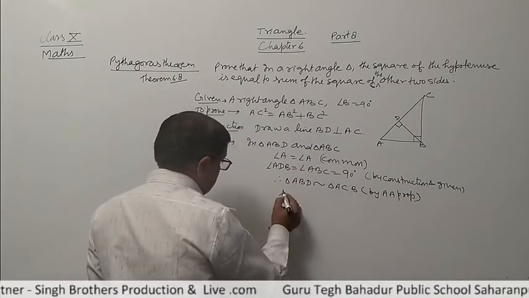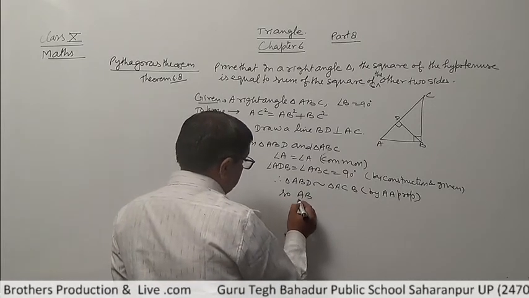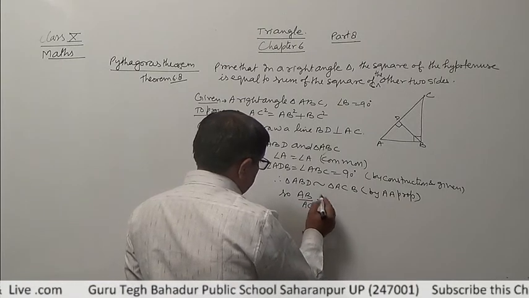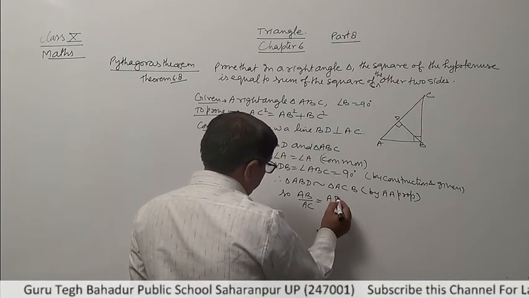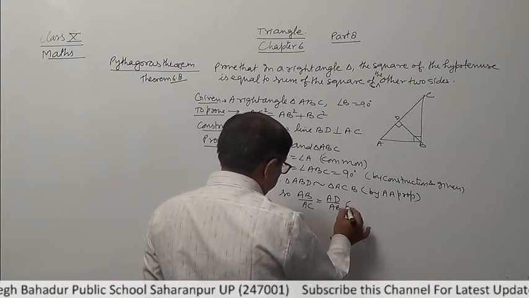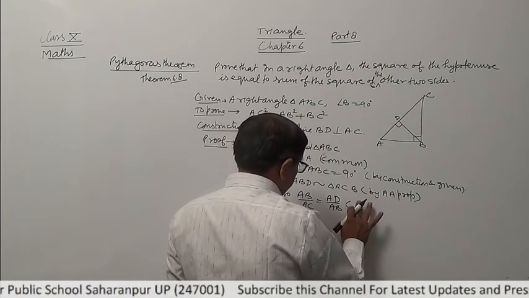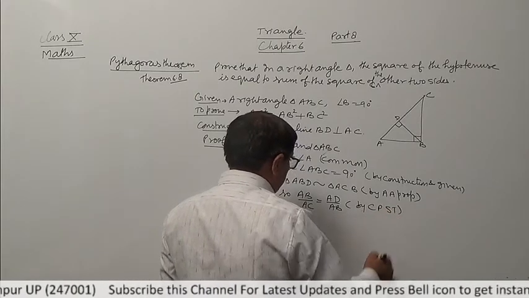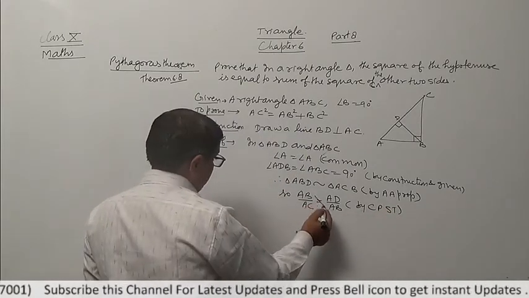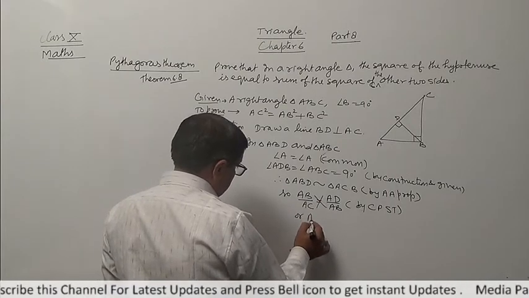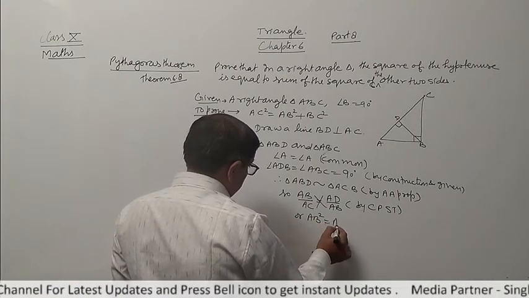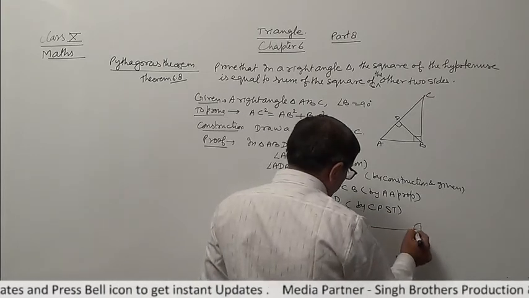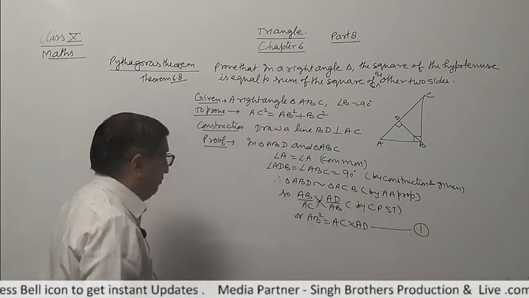So AB upon AC is equal to AD upon AB, by CPST, corresponding part of similar triangle. Cross multiply, AB square is equal to AC into AD. This is the first equation.